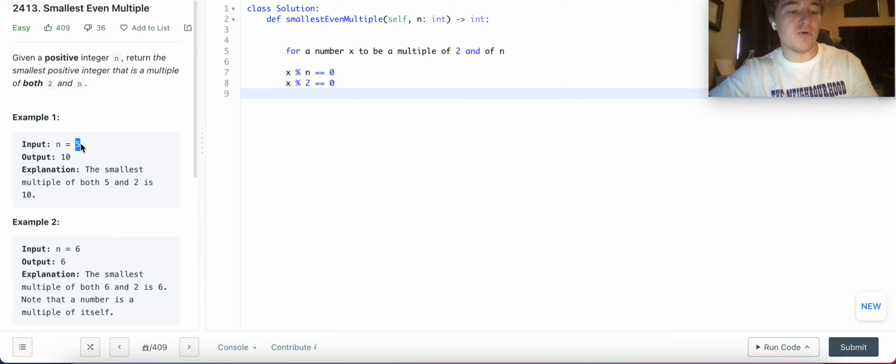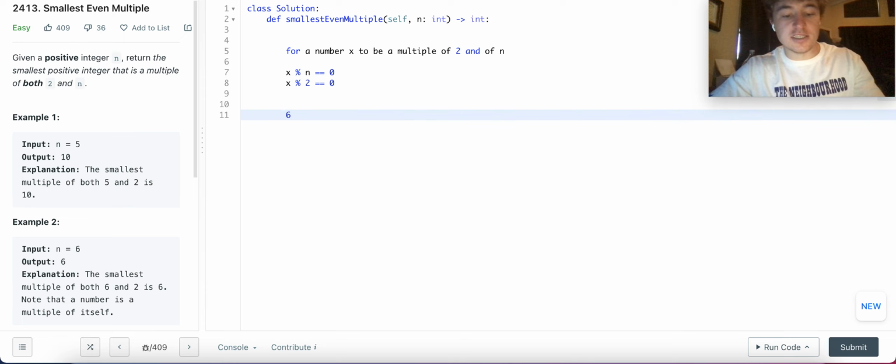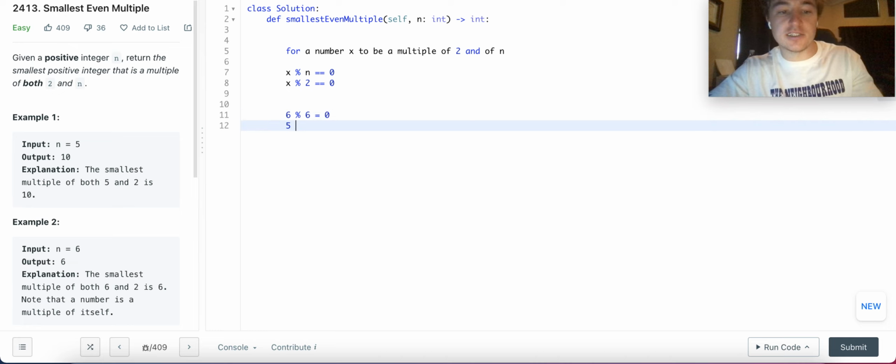So for this example, if we wanted to say, okay, what's the smallest positive number that is a multiple of both 2 and n? So if n equals 6, well, 6 is definitely a multiple of 6, right? 6 mod 6 equals 0. Why? Because 6 equals 6 times 1.